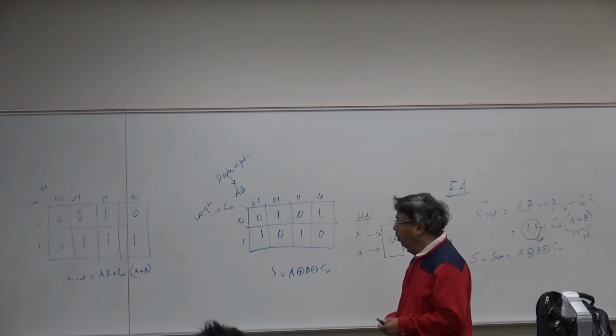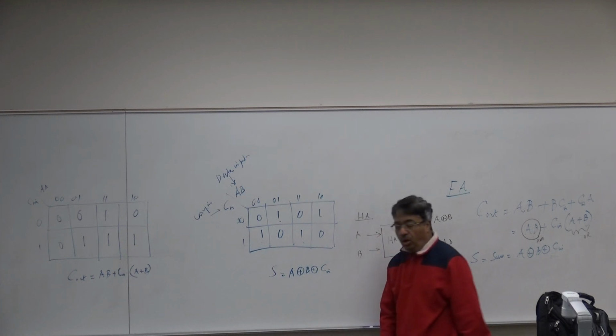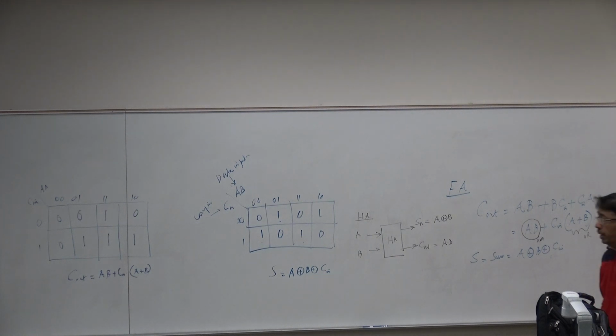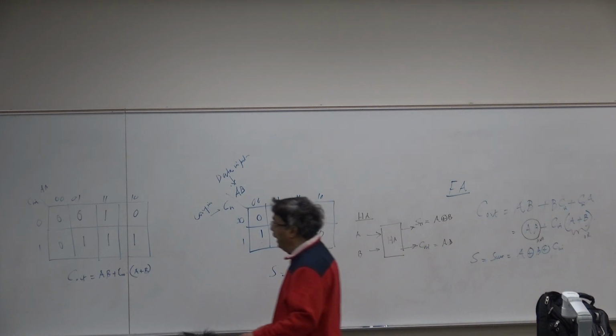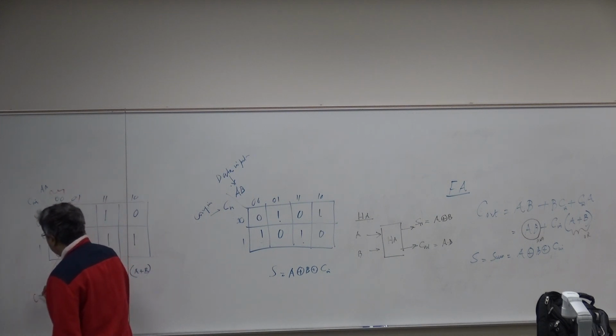So what we are seeing here is that depending on the values of A and B, here A and B both are 0, 0, and carry out is 0.